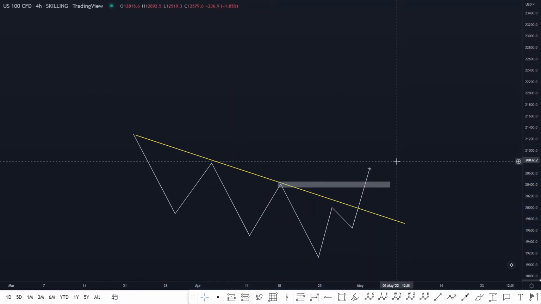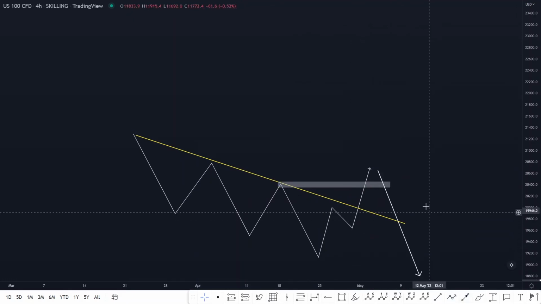We are 100% sure, but this one here is a correction to the downside. It just needed to break this high here and then drop lower. So you have to be able to read this. This is the most important part of trading. If you know how to read a correction, you'll be on the right side of the market most of the time. And I think I have a video explaining impulse and correction. I'll leave it in the description below.